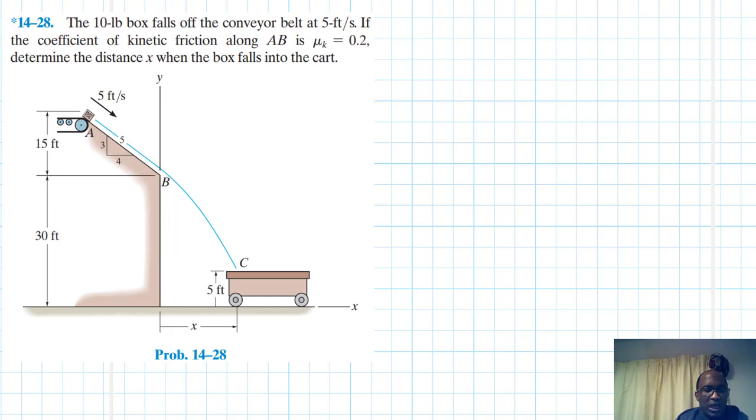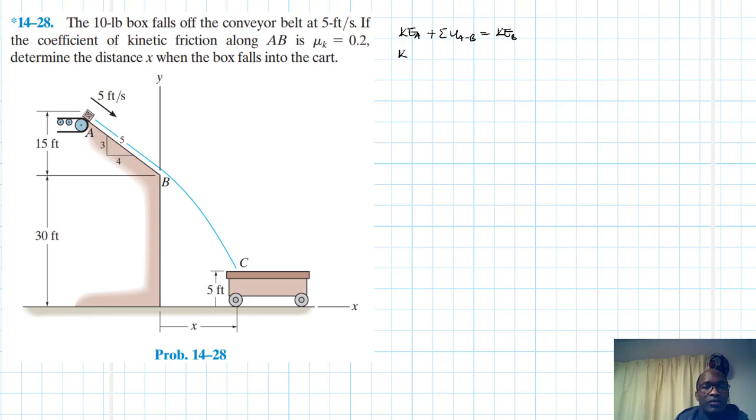So let's write down the equation for work and energy. The initial kinetic energy for the box at A, plus the total work done from A to B, is equal to the kinetic energy at B. All right, so let's write down the equation.